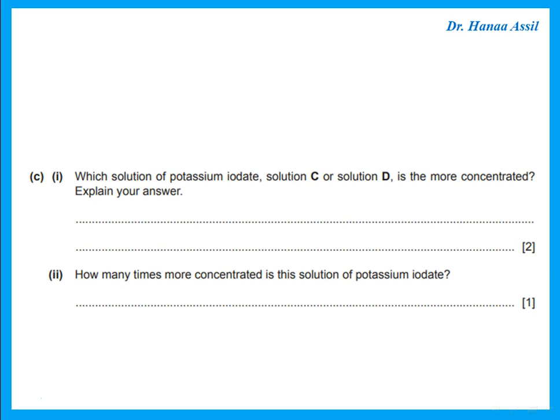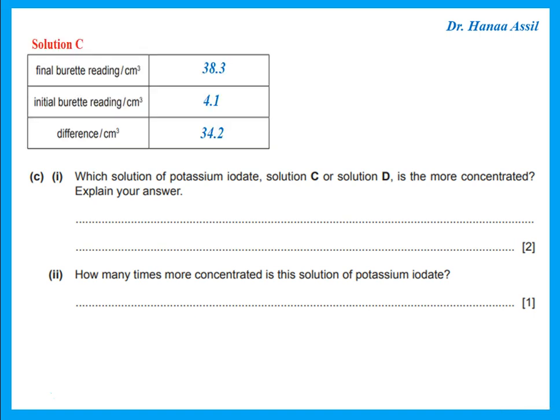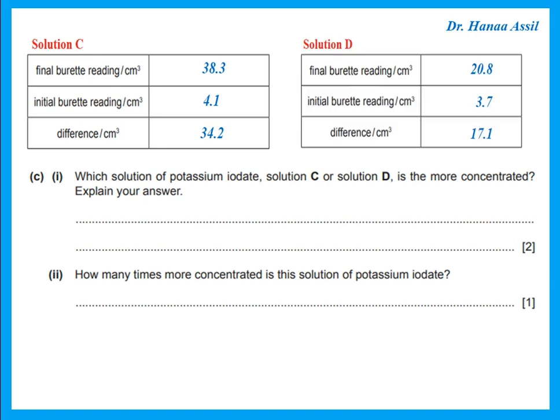And then he's asking which solution of potassium iodate is more concentrated. Remember, he says solution C and D are potassium iodate. Which one is more concentrated? Well, let's look at the results. Solution C took 34.2 of the thiosulfate. Solution D took 17.1 of the thiosulfate.